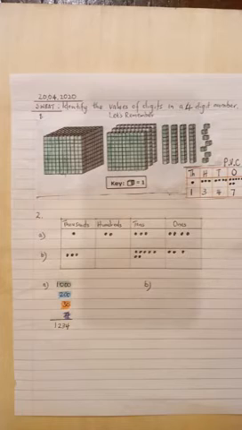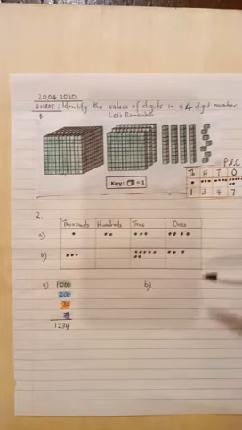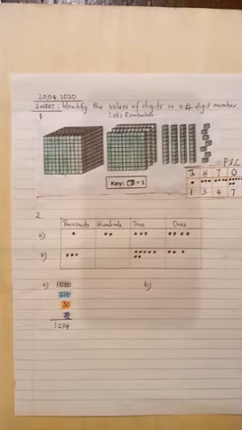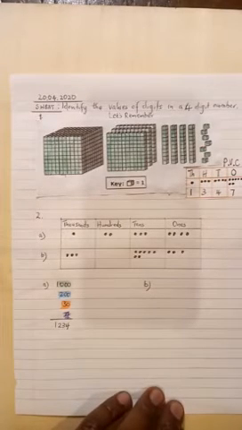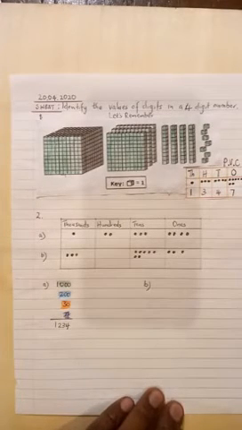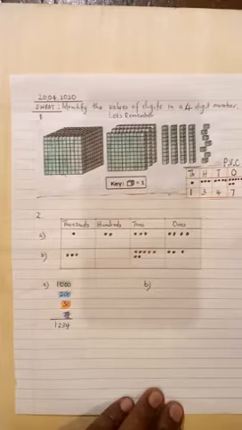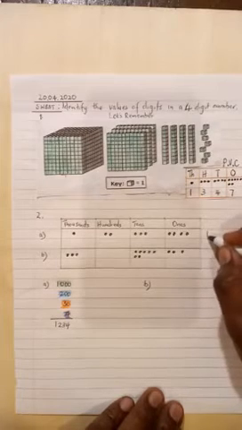Having said that, let's move over quickly to question number 2, whereupon we want to find the 2 values that are represented in the place value chart by the place value discs that I've slotted in. And so in A, there is only 1 place value disc in the thousands place, and so I will write 1.